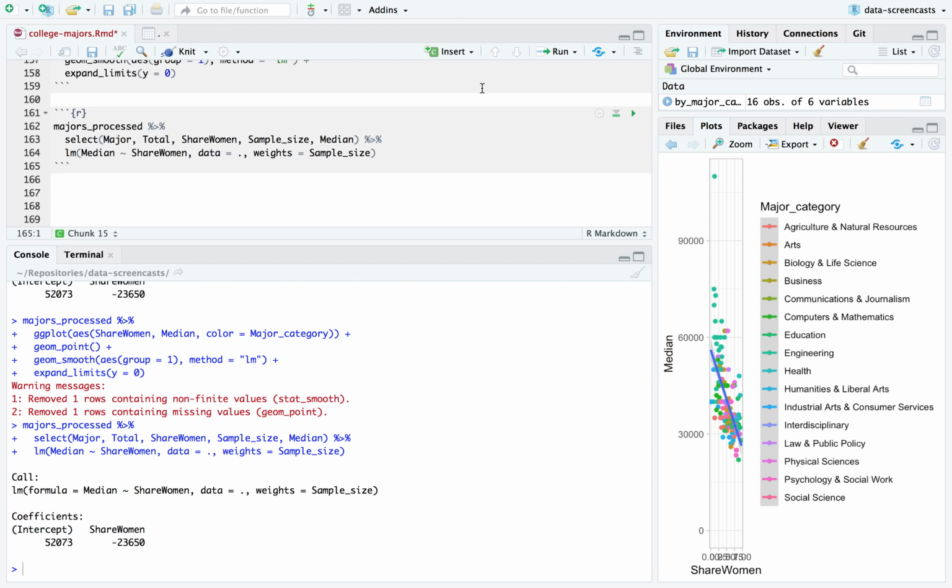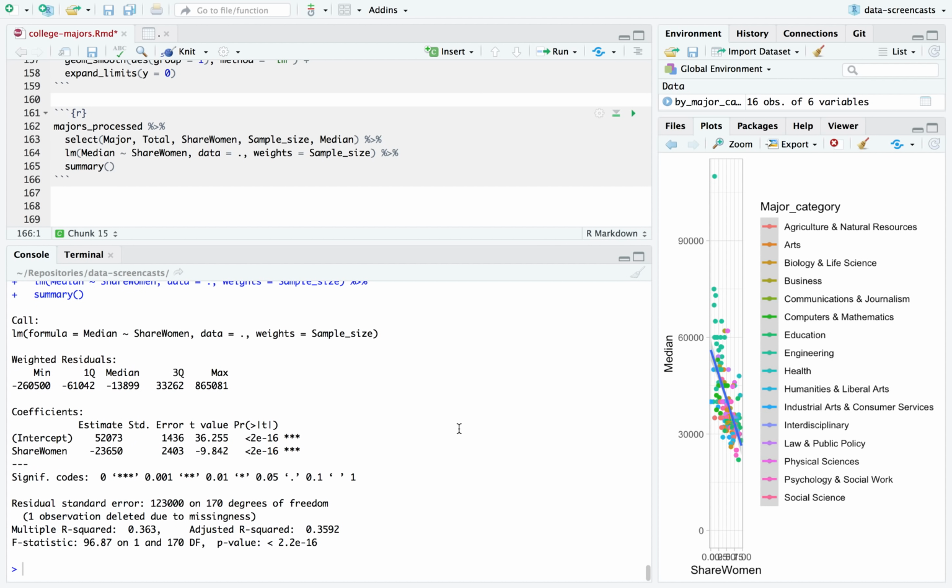Ran the wrong line there. Here's my regression. Pipe it to summary. Here's my regression. Definite negative effect. The story here is that if a field went from 0% women to 100% women, the expected median salary would go down by about $24,000.